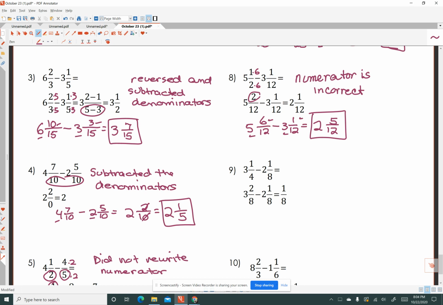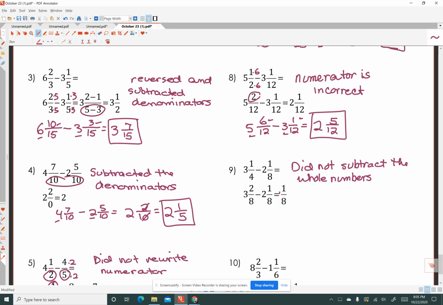Number 9. Let's take a look at it. I think that they did not subtract the whole numbers. 3 minus 2, there should be a 1 here. So they did not subtract the whole numbers. So I agree with eighths.